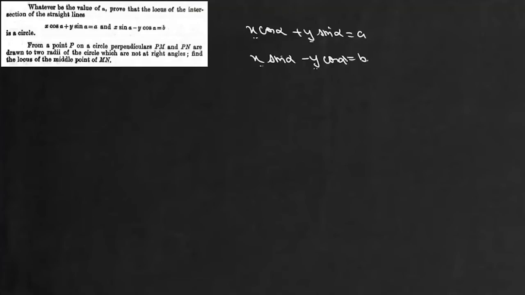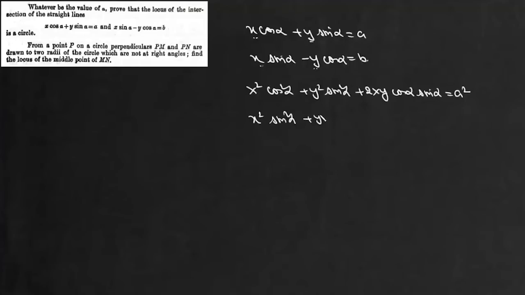So what we'll do is we'll simply square and add the two equations. So here it is x square cos square alpha plus y square sin square alpha plus 2xy cos alpha sin alpha, and that will be equal to a square, and here will be x square sin square alpha plus y square cos square alpha minus 2xy sin alpha cos alpha, and that will be b square.